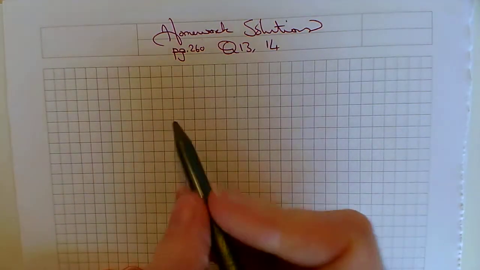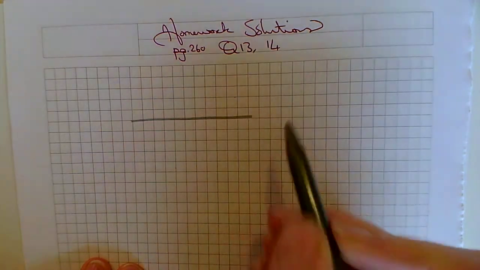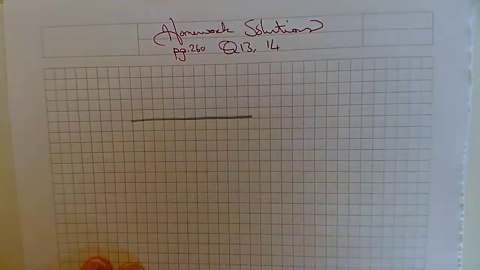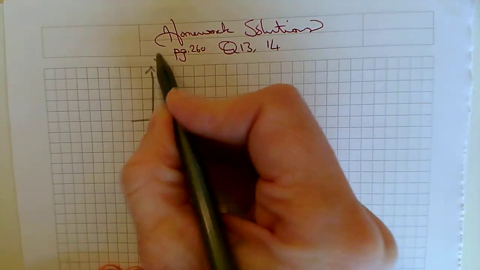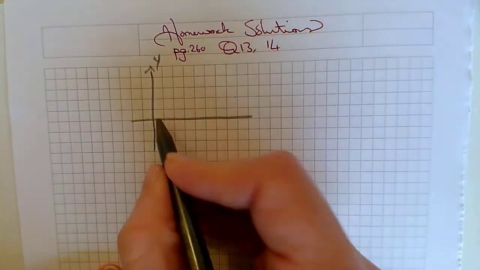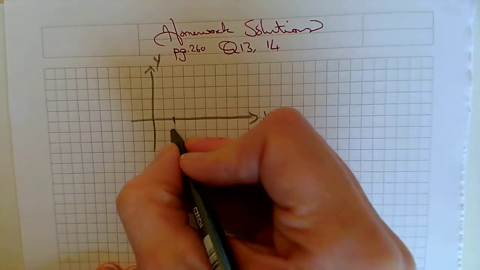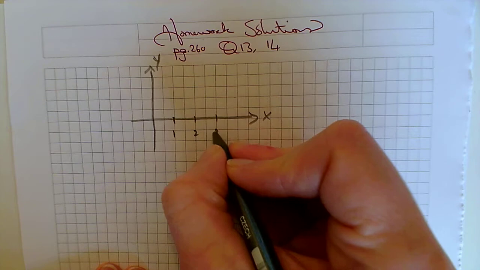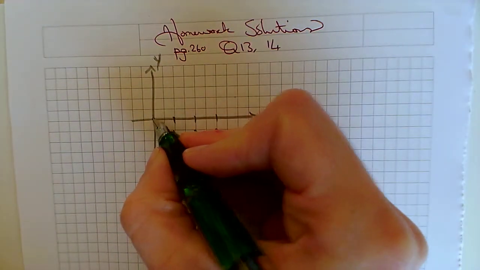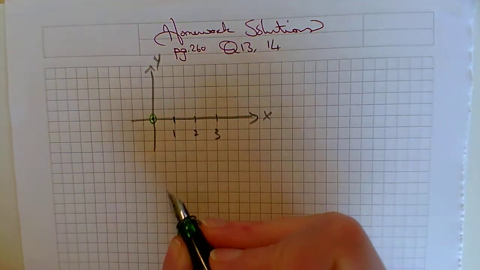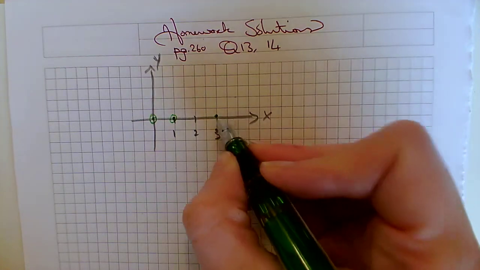Drawing a very, very quick sketch of this, we don't even need to label much on my y-axis. Don't need to put a scale on my y-axis because it's going to go through 0, 0. On the x-axis, I do want to fill in 1, 2, 3, and the important points are the y-intercept there, the x-intercept there, and the x-intercept there.